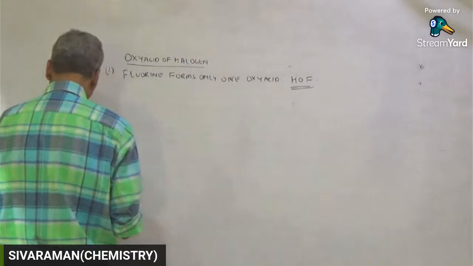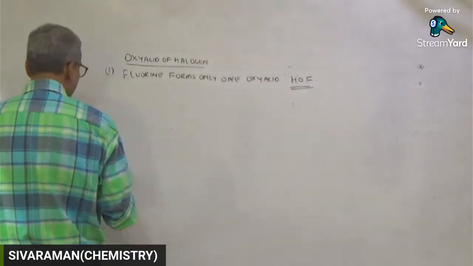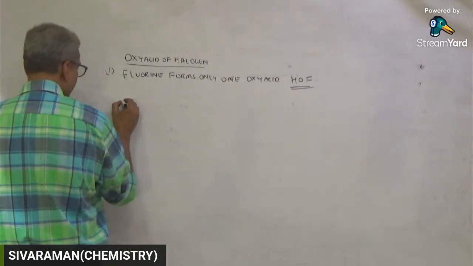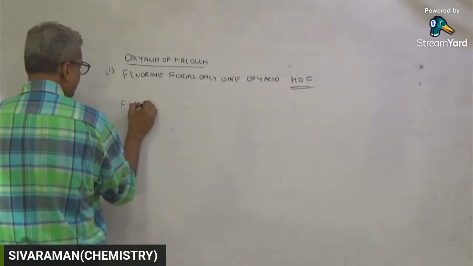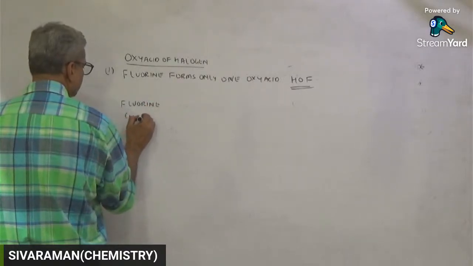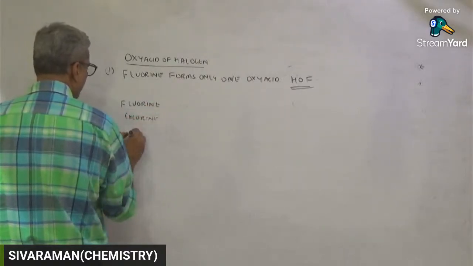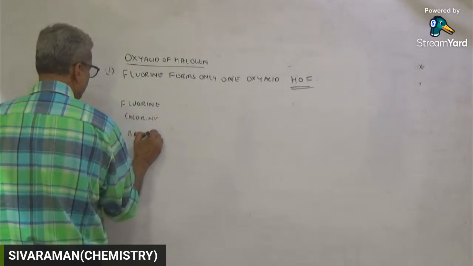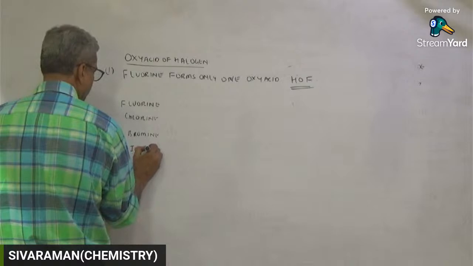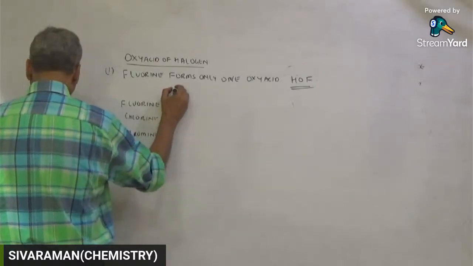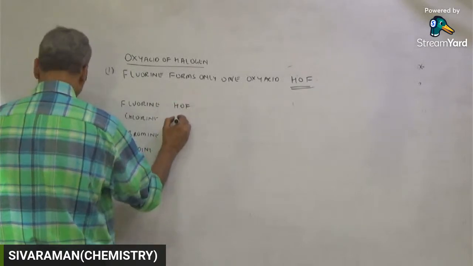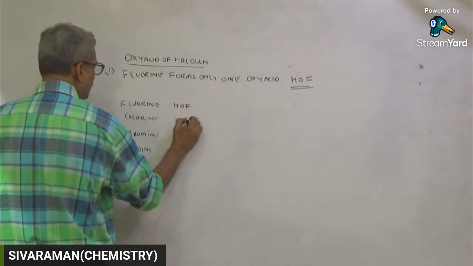Then what happens? When we talk of other ones, this table will give us everything. Fluorine, chlorine, bromine, iodine. So it is of the type HOF, with chlorine HOCl.